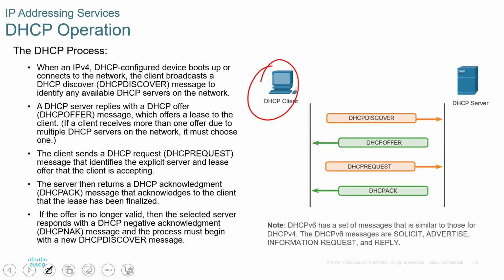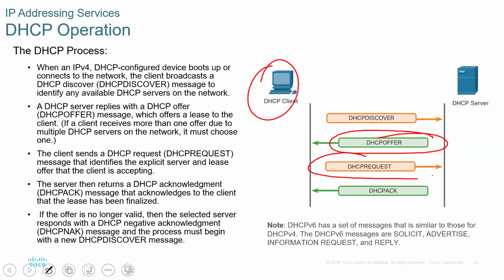And if it finds one, then that DHCP server will send a DHCP offer. That offer is like a list of IP details to the particular client, to tell the client that, look, I am a DHCP server, I have available IPs to lease out to you, but you need to make your own request.